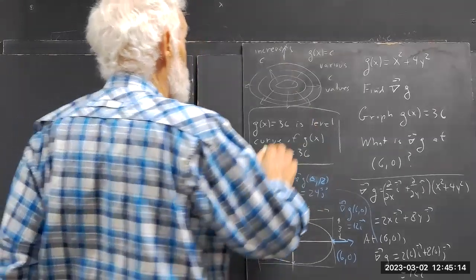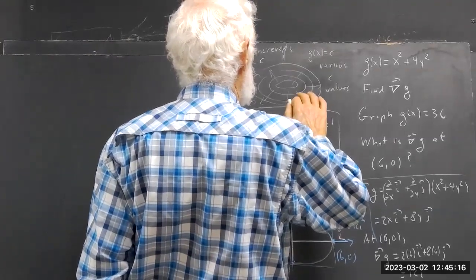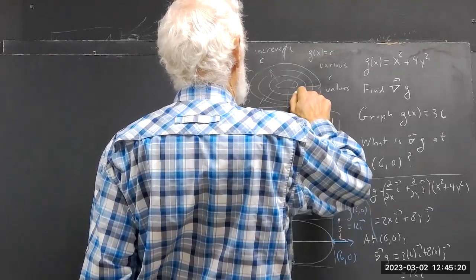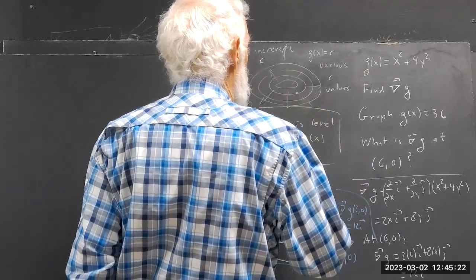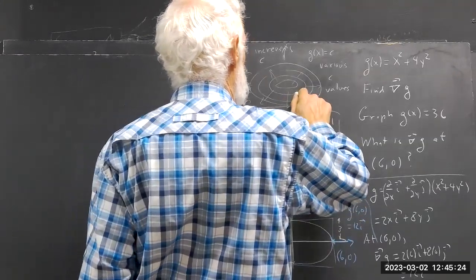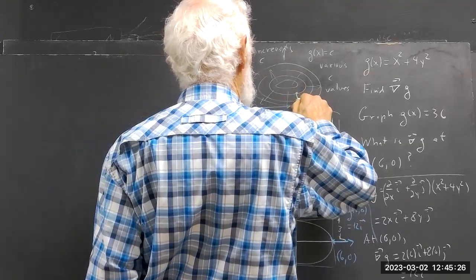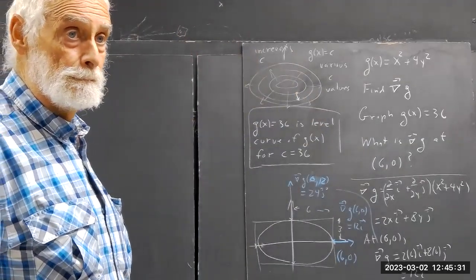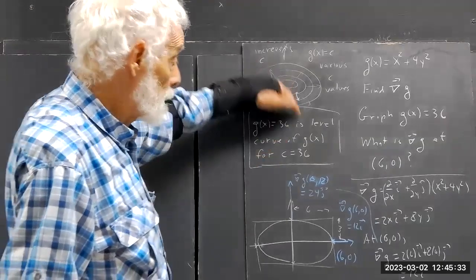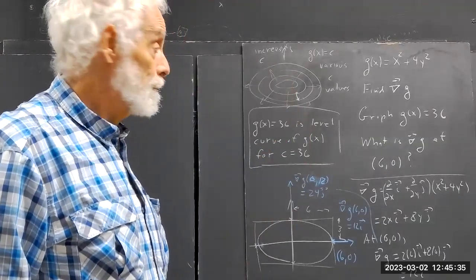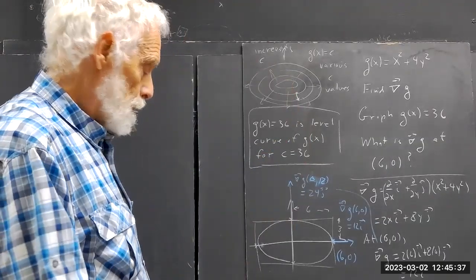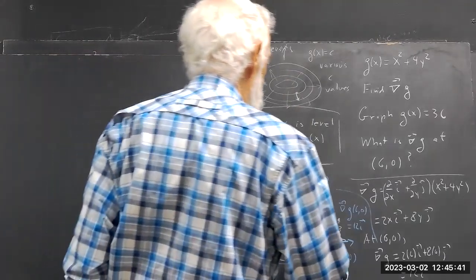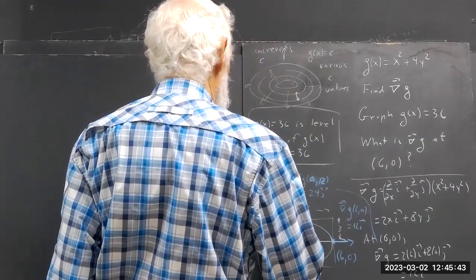If you're at this point, I didn't draw perpendicular very well, it is like this. I'm at this point. My direction of maximum increase is the direction that goes most directly to the next curve. So right there's my gradient. And so the gradient is always perpendicular to the curve.